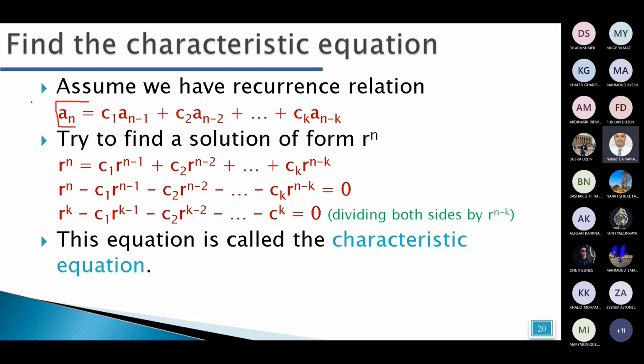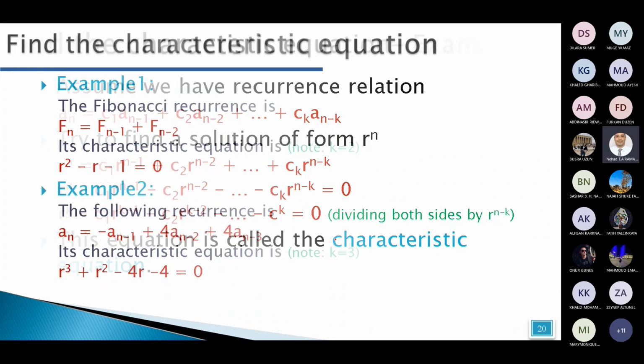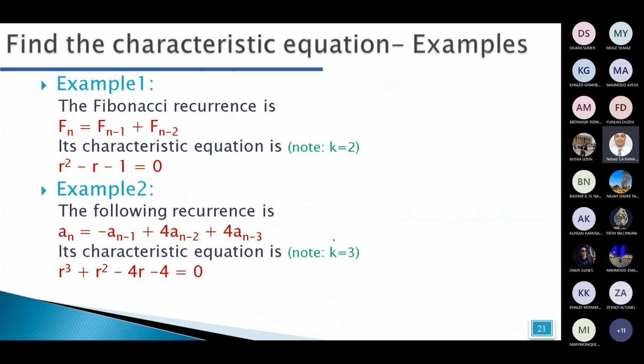So it's like this. You have to know k here. Then it will be first term r to power k, minus this term, minus this term, minus this term, because each term will go to the other side. We will take it with examples.